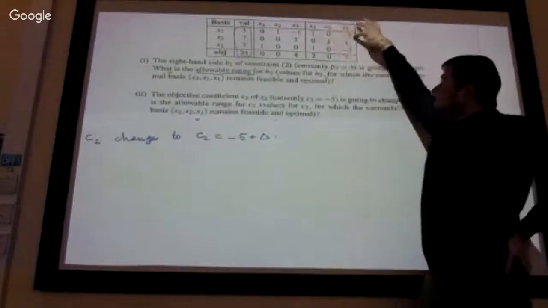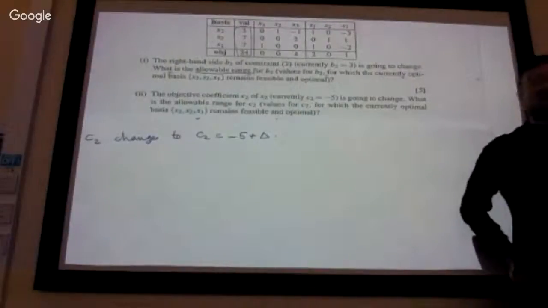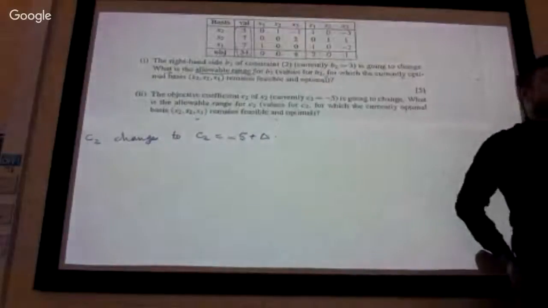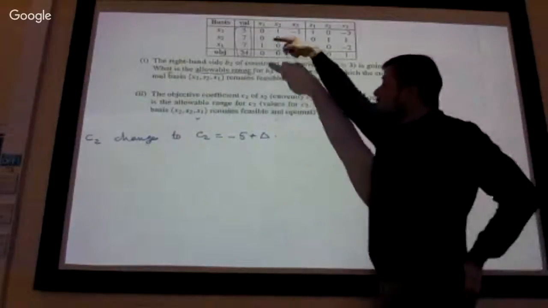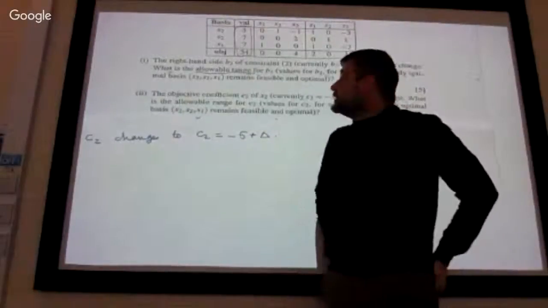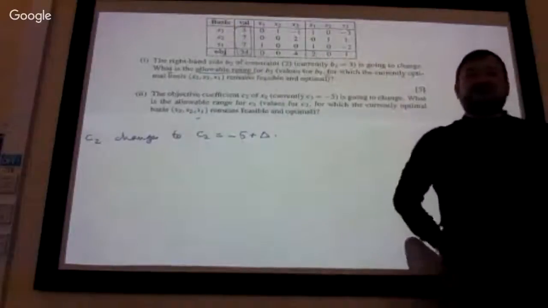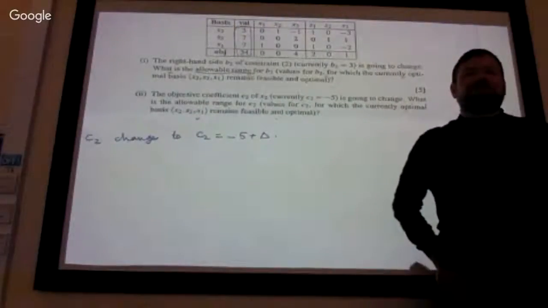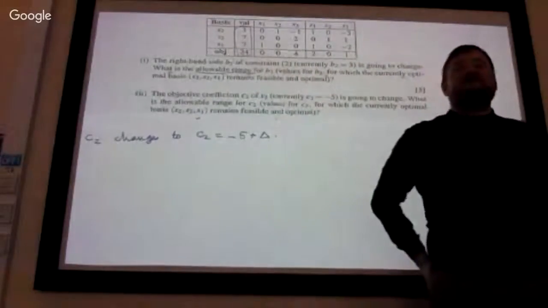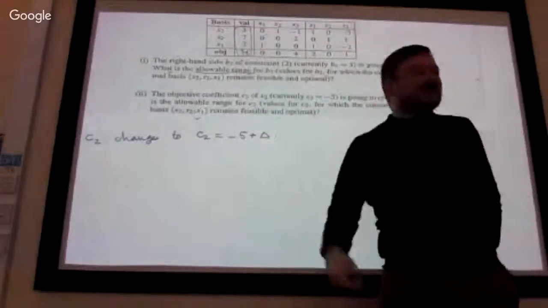Does this part depend on the objective function? No. Does this part depend on the objective function? And this? Of course it does.